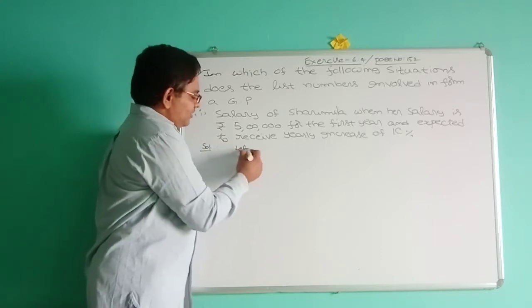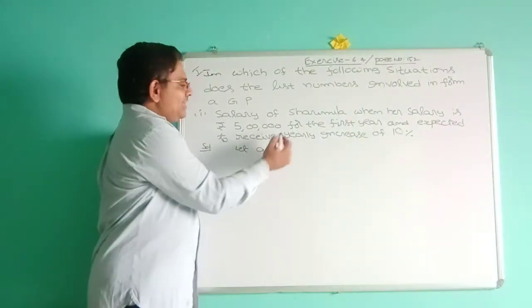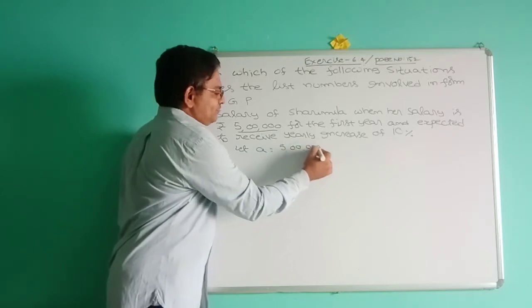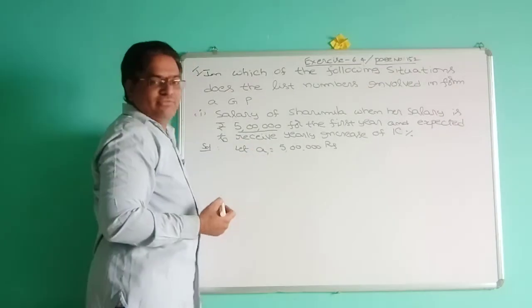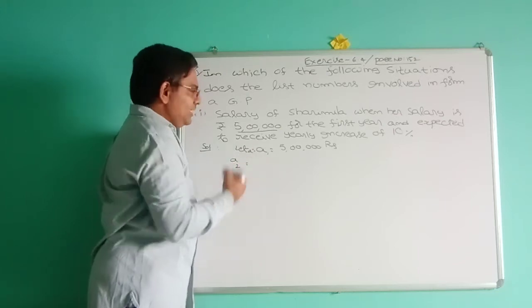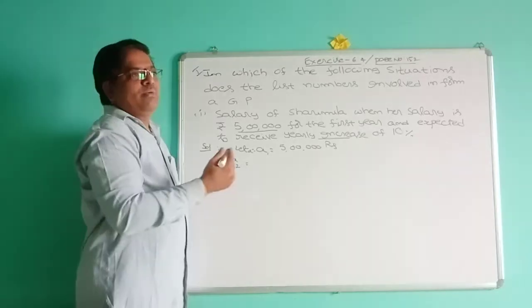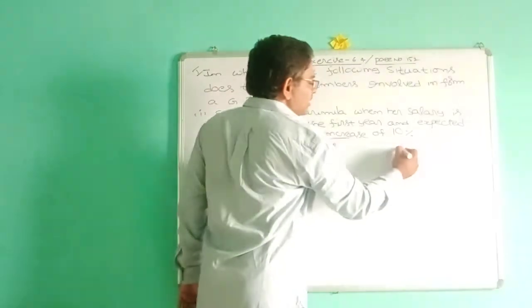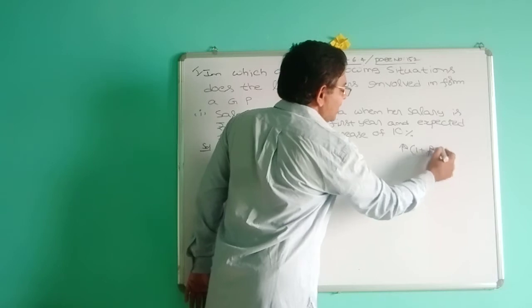That's why first, let the first term be generally denoted with A, that is the initial rate. How much? 5 lakhs rupees. Next A2, that means this is A1 if you consider it as A. How to find A2? Here there is a 10% increase. What is the general form of a 10% increase? You recall the compound interest formula: P into (1 plus R by 100) whole power n.